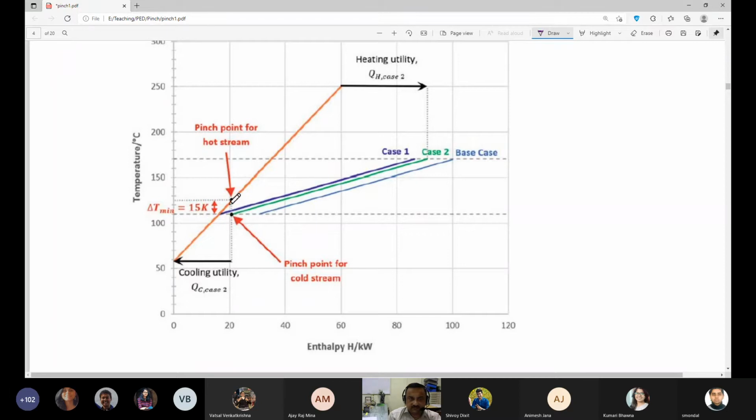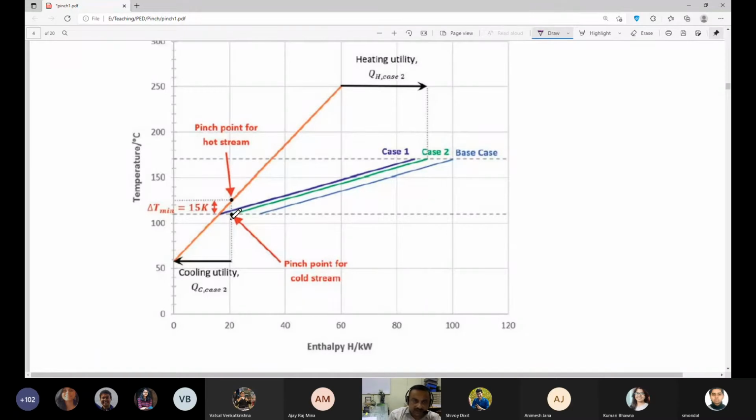That means you can work with a delta T which is 15 degrees centigrade, let us say. So this becomes the pinch point. This is how we refer to the pinch point: this would be the pinch point for the cold stream, and this is the pinch point for the hot stream. So the difference between the two pinch points would be 15 degrees, because you have chosen delta T min to be 15 degrees.